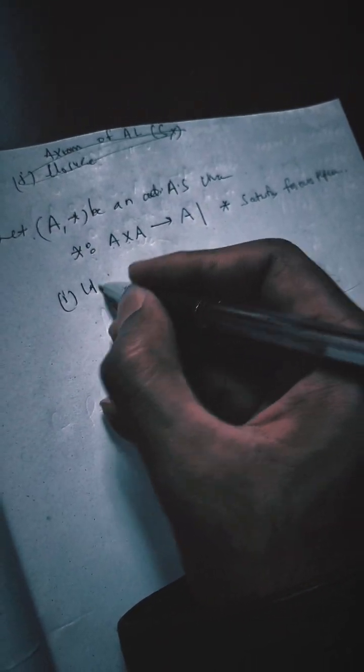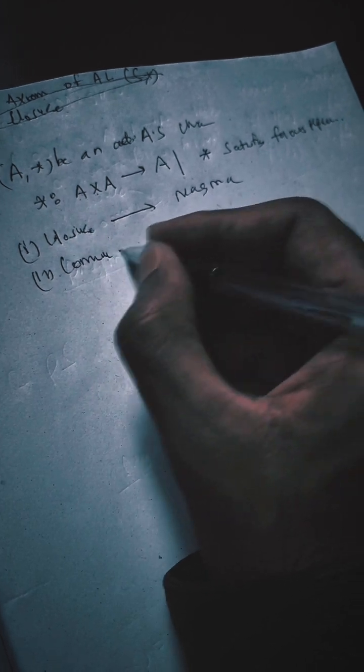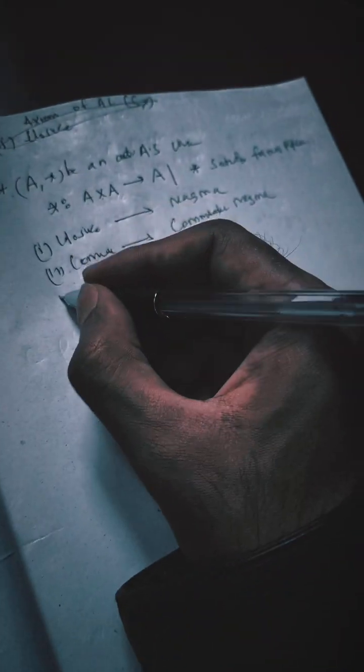First, it should satisfy closure. If this satisfies closure, we get what? Magma. We read this. If it satisfies closure and commutativity, we get what? Commutative magma, right?